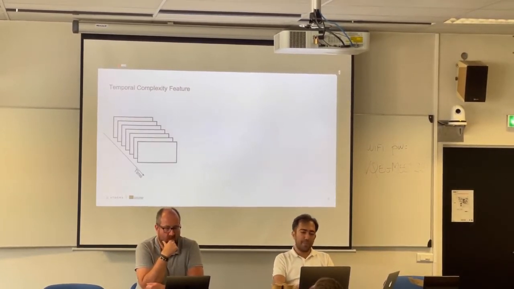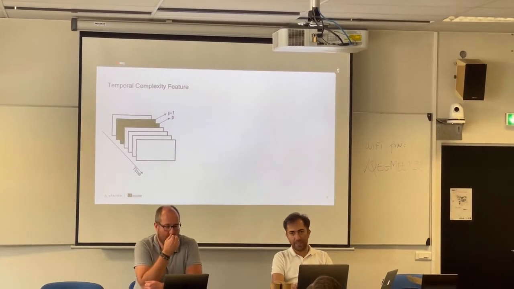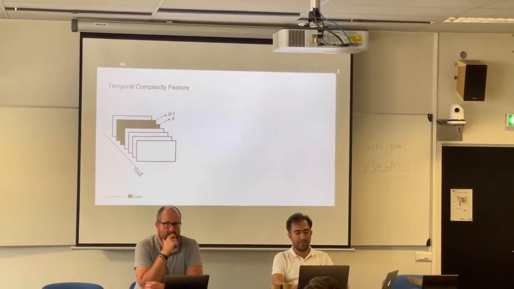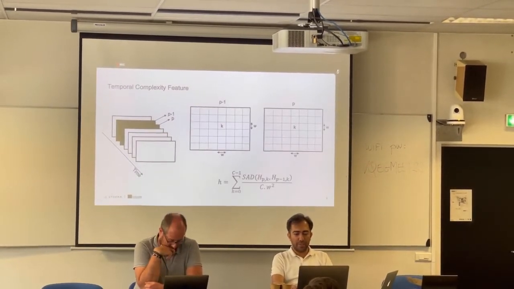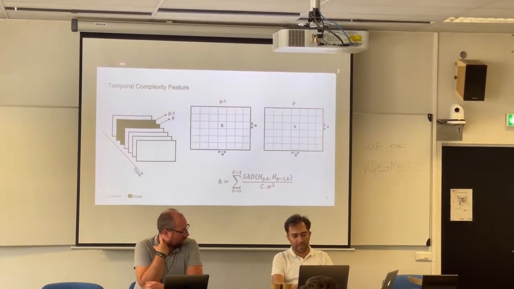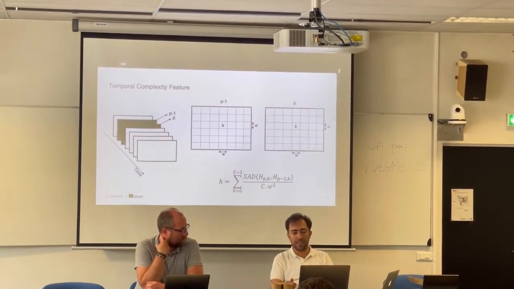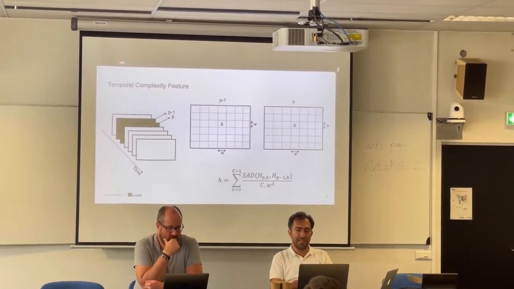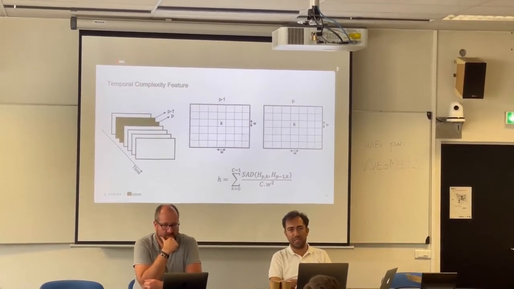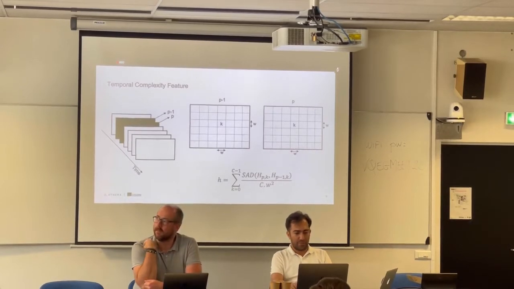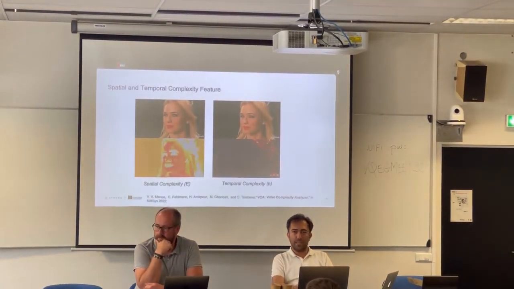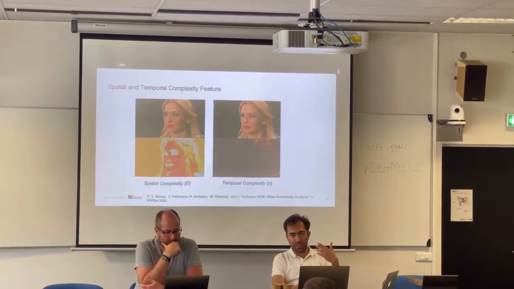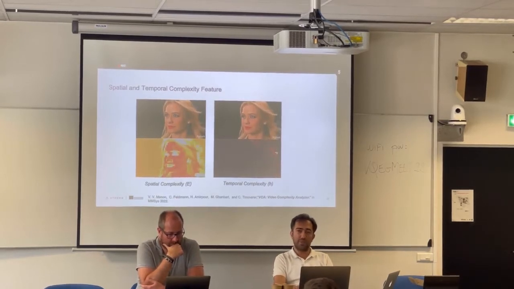For the temporal complexity feature for frame P, we consider frame P itself and its previous frame. So we calculate the sum of absolute differences between co-located blocks in frame P and frame P minus 1, and by averaging these SAD values in the entire frame, we calculate the temporal feature. Here you can see a heat map of our spatial complexity feature, also our temporal complexity feature.